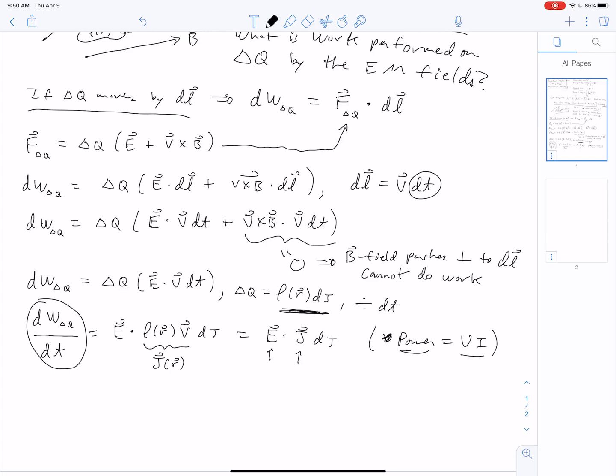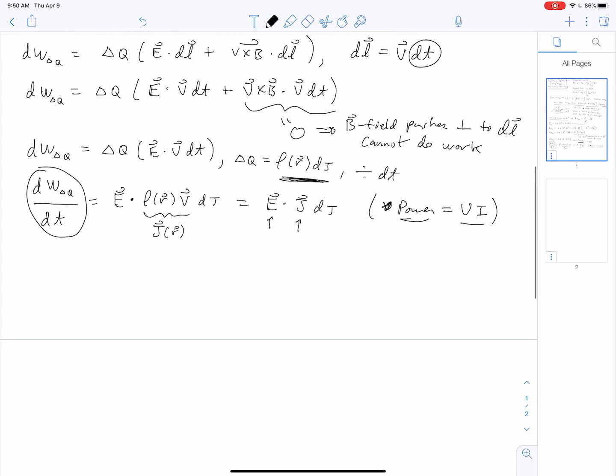And so what we can do now is integrate for the whole system, for the whole charge distribution, and then we can see the total amount of work, dW total.